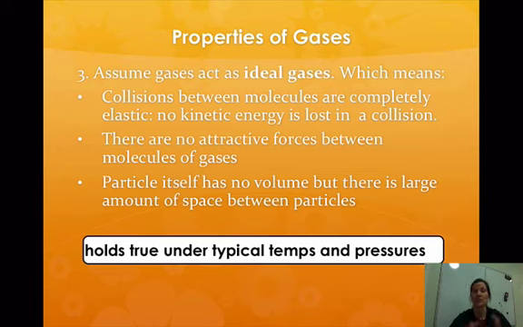But what we find is that at typical temps and pressures, which means the atmospheric pressure, a little bit lower, a little bit higher, and then typical temps, really we're talking about a great range here. It's only if we get really hot or really cold that they don't behave in an ideal fashion. So we find these three components to be true as long as we're not dealing with the extremes.